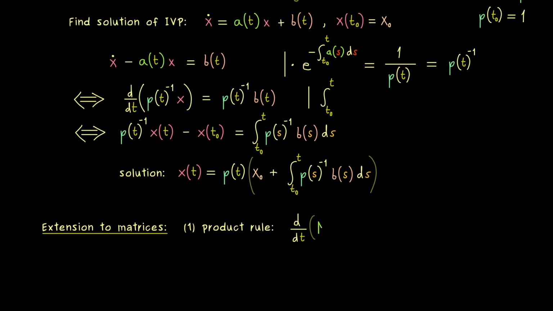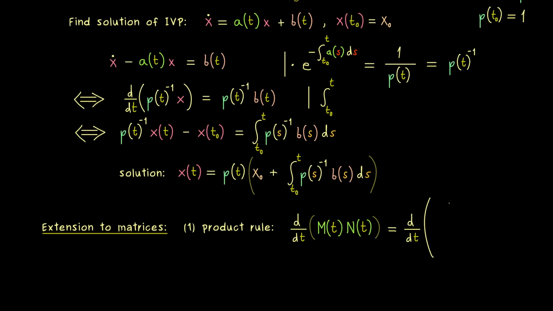So let's simply say that we have two matrix functions m of t and n of t. And then we can form the matrix product if the dimensions fit together. And now the assumption we want to put in here is that the components of each matrix give us ordinary differentiable functions. So you already see we just have to deal with real valued functions anyway.